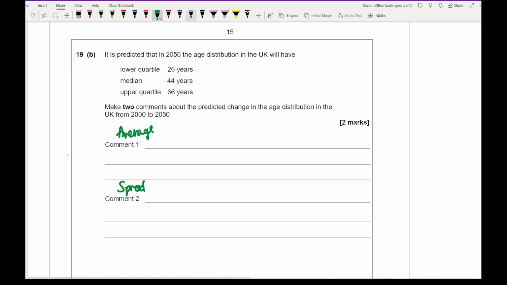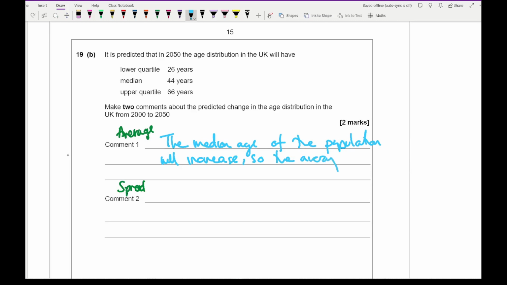So in terms of this, what would be a decent statement? I would say that the median age of the population will increase, and so the average age will increase.